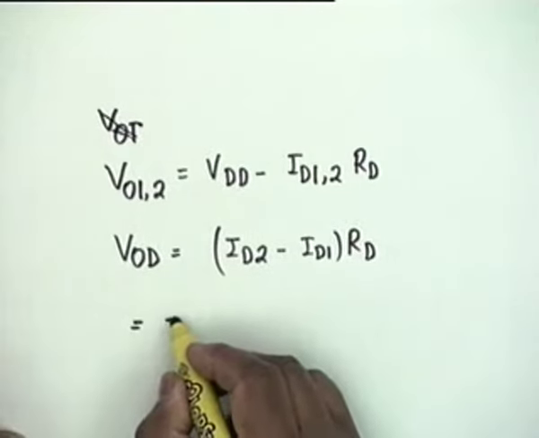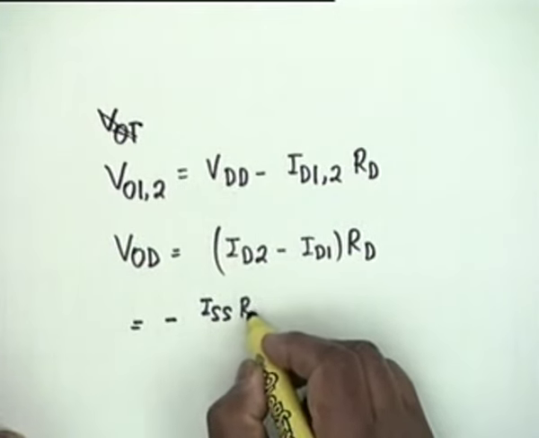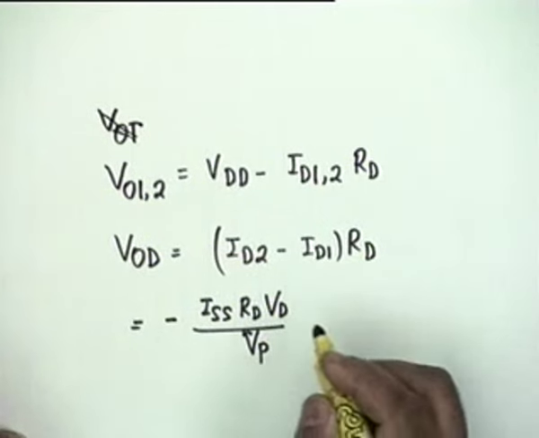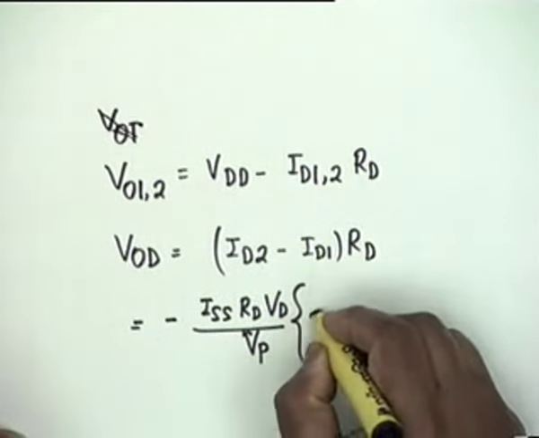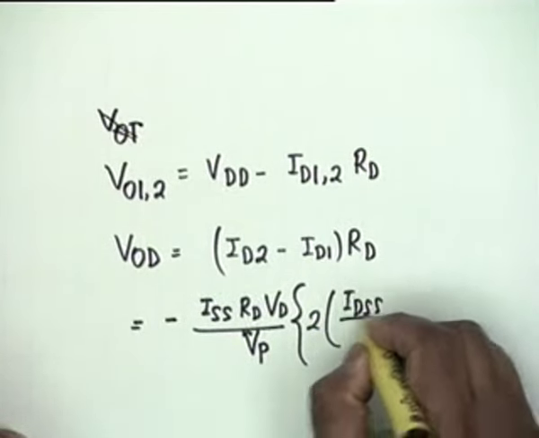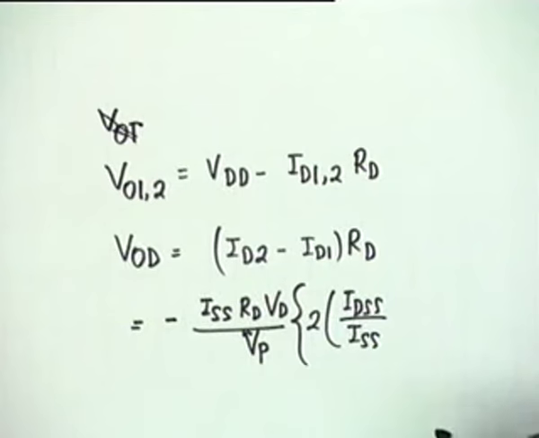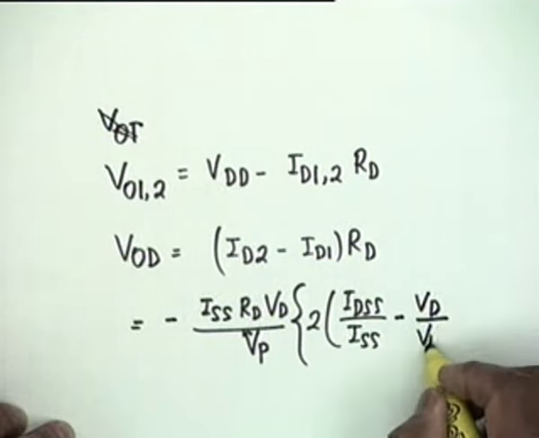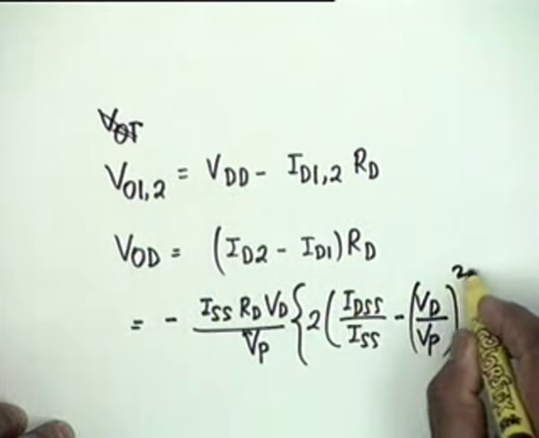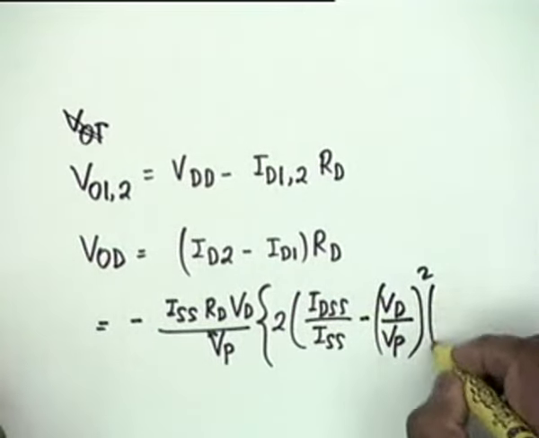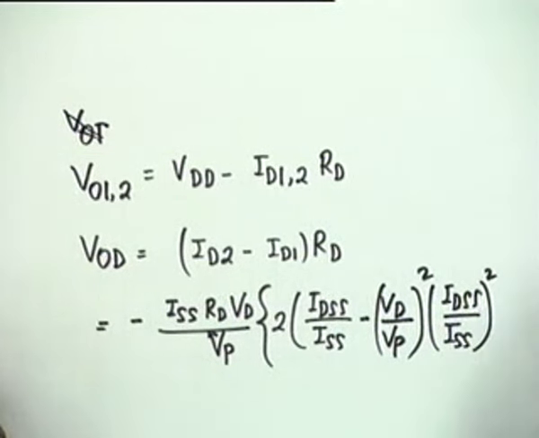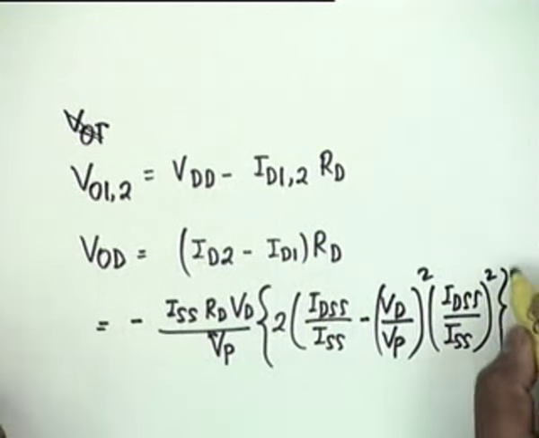let me give you the expression by clearing the algebra. This becomes equal to minus ISS RD VD divided by VP, then within curly bracket twice IDSS divided by ISS minus VD by VP squared times IDSS divided by ISS whole squared, curly bracket close, to the power half.